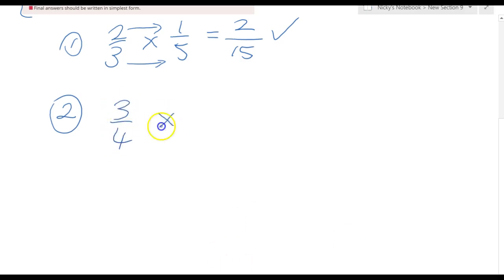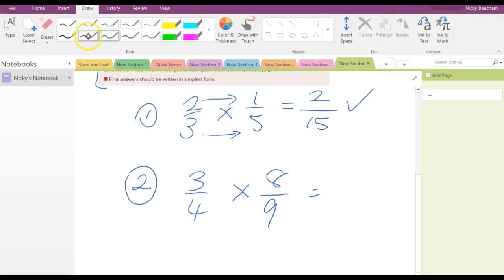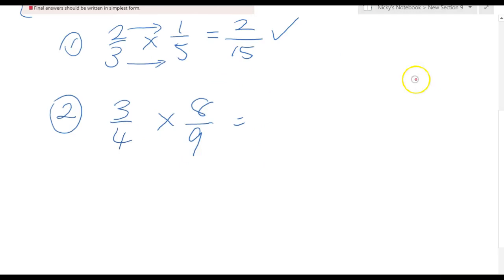3/4 multiplied by 8/9. Now, I'm looking for perhaps a pair of numbers or a fraction that can be simplified by cancelling vertically or diagonally. If you're really clued on, you can see here that we can cancel diagonally. I might just change my pen so it's a bit clearer for you to see. Here and here we can cancel diagonally.